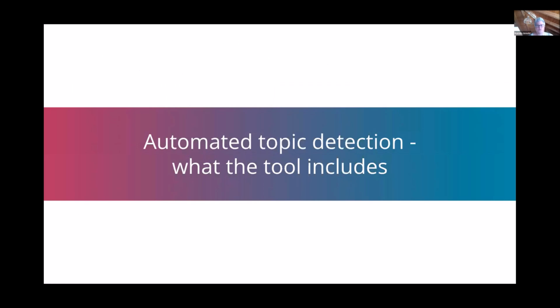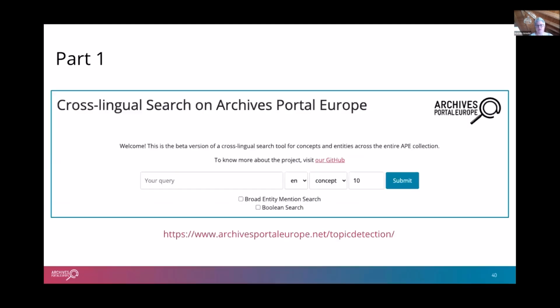The other thing is that we started looking into the possibilities of doing a more automated process in terms of assigning the topics or finding the topics. And what we started out doing is essentially a pilot project in automated topic detection. We have a little tool developed which currently can do two things.